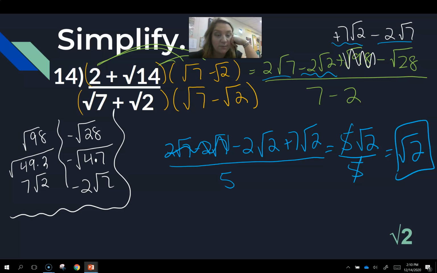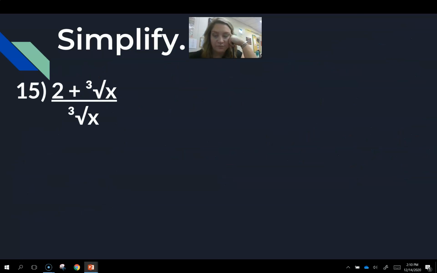I have another one. Number 15 is a little different. We have just the cube root of x down here. So we have 2 plus the cube root of x being divided by the cube root of x. You cannot do this. They cannot simplify. This does not equal 2. Because of the binomial, because of that plus sign, you cannot cancel things.